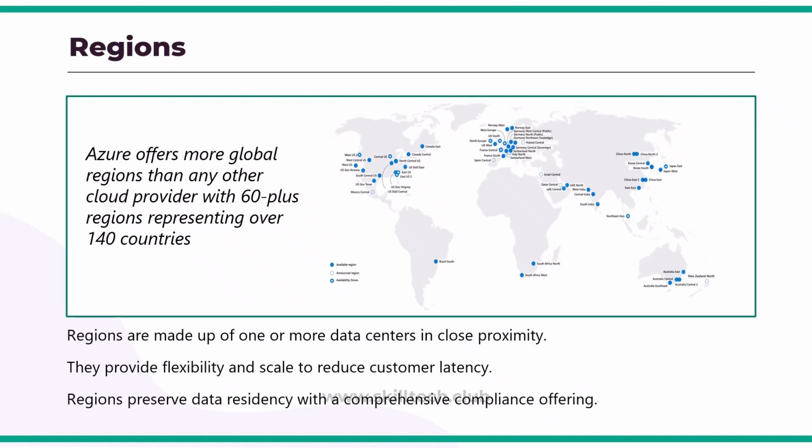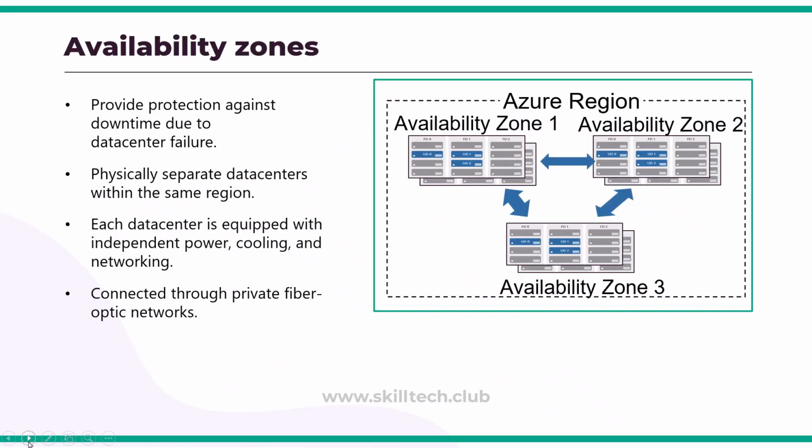In each region, you have multiple data centers. Here it is important to understand the term availability zone. An availability zone is a physically separated location within one Azure region. If one Azure region has 3 data centers, we do not call them data center 1, 2, and 3. We call them availability zone 1, availability zone 2, availability zone 3. This takes your availability to the next level.